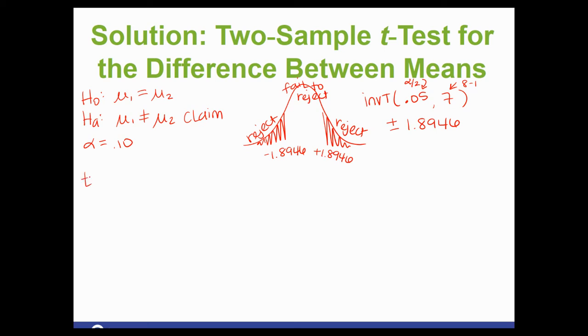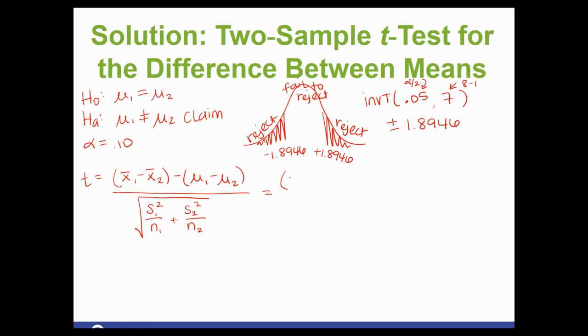Now let's jot down our formula. Difference of our sample means minus difference of our population means, over our standard deviation squared over our sample size for each group added together underneath the radical.